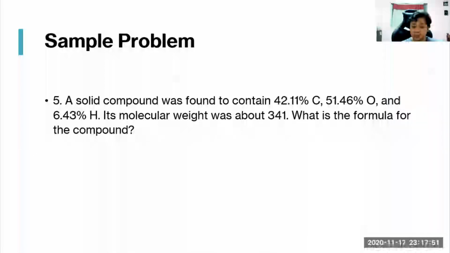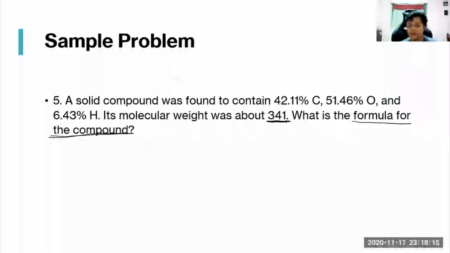Since we are given the percentages of C, H, and O and the molecular weight of the compound, we are asked for the formula of the compound.